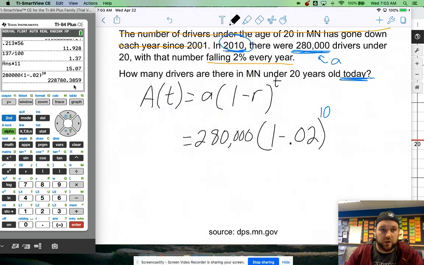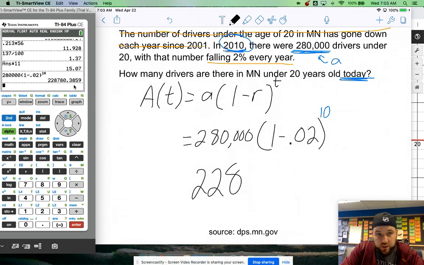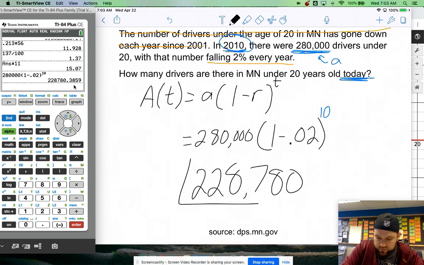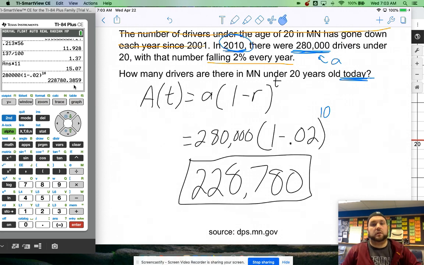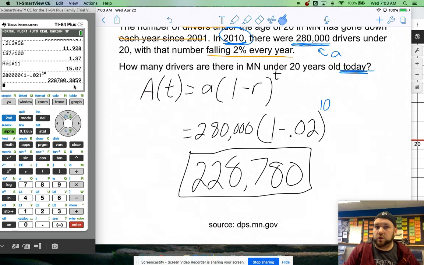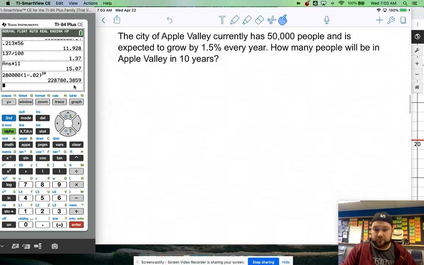So I'm going to round my answer to the nearest whole number, and we have 228,780 is the number of what we would estimate the number of drivers under 20 years old to be. Okay, so that's how we're going to use a word problem or a real world situation and apply this formula.